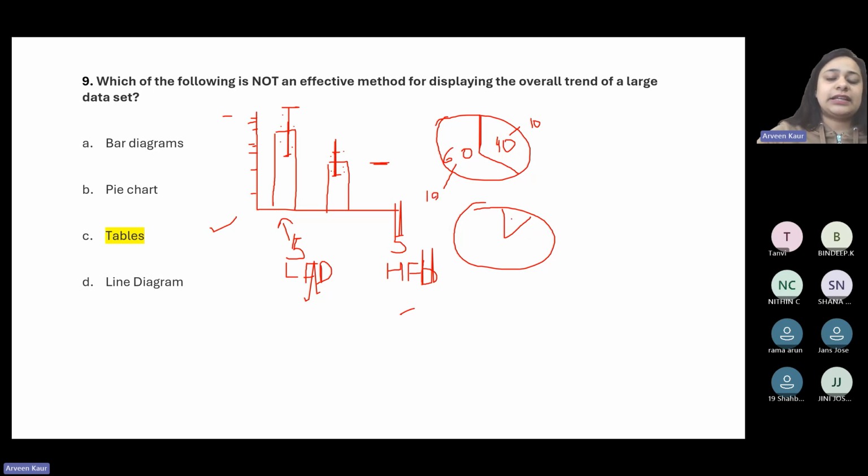And it is saying in the lean fat diet, however, 10% of the mice fainted before 10 minutes, while 90% of them fainted after 10 minutes, right? So again, it is also giving you some kind of information, right?